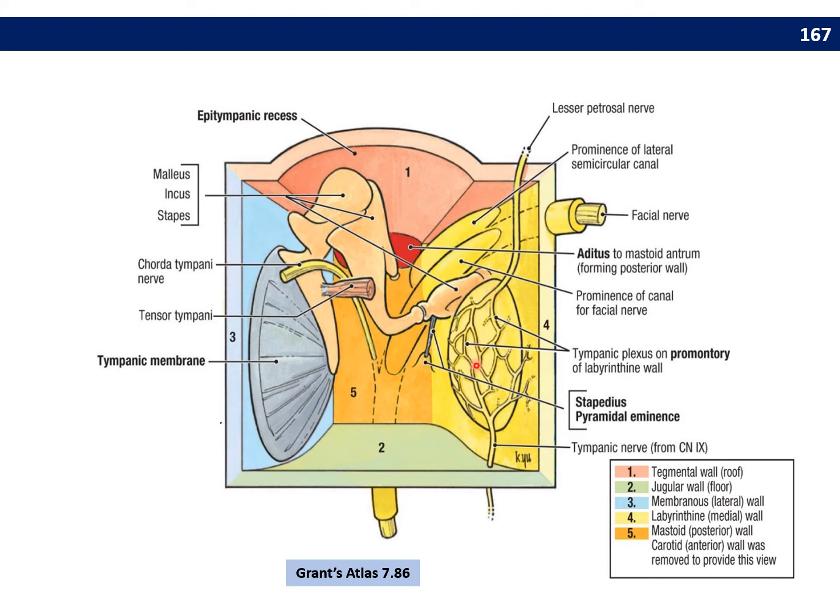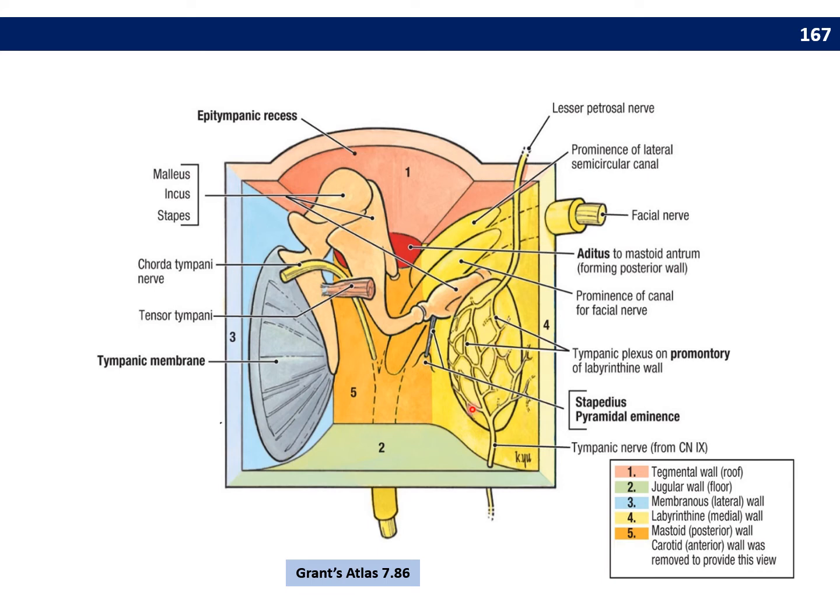And then you also see a bulge here from the cochlea. The cochlea is responsible for hearing. And so this bulge is from the turn of that snail-like cochlea, where it projects onto this wall. Going over the wall is the tympanic plexus.